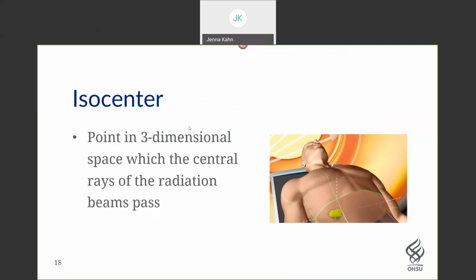At simulation, we place what's called an isocenter, and that's a point in three-dimensional space, which is the central ray of the radiation beam. It's usually in the middle of the tumor. So here you can see all of these laser lights that are converging on this tumor.